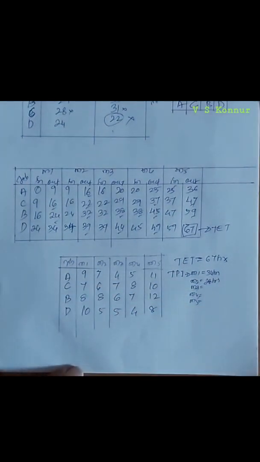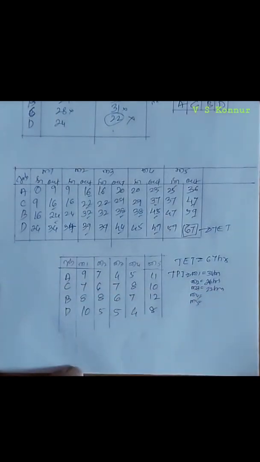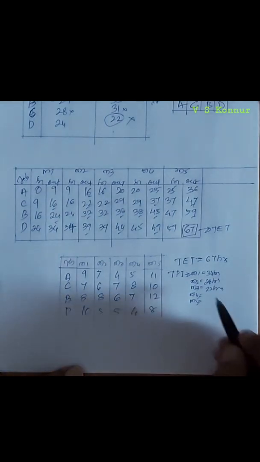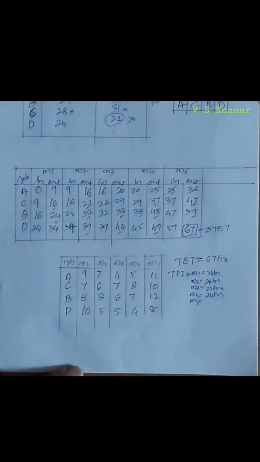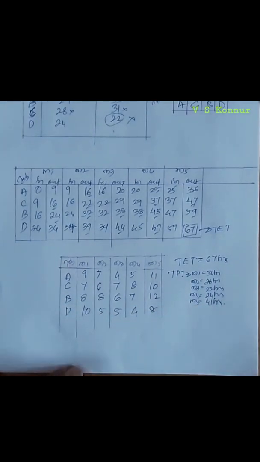For M3, 22 hours. Next for M4, 24 hours. For M5, 41 hours. Now idle time you have to calculate.